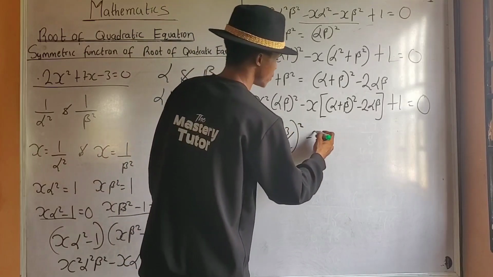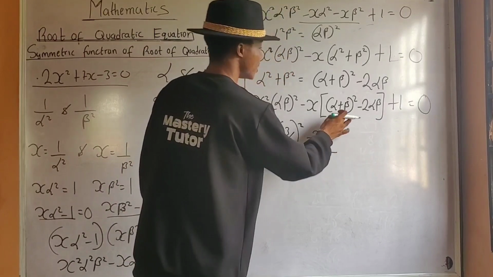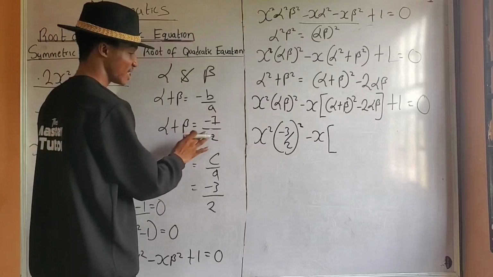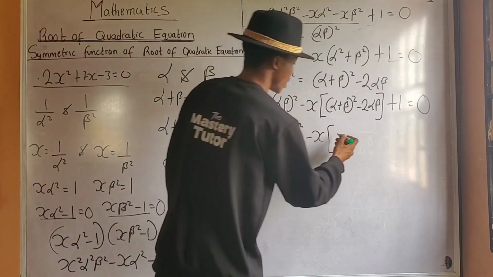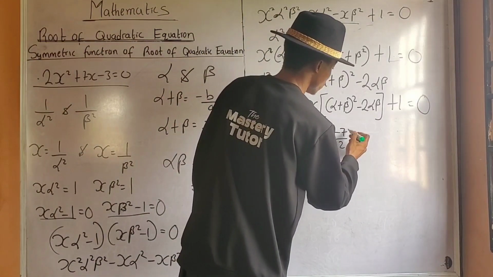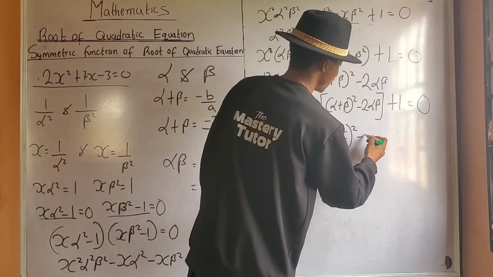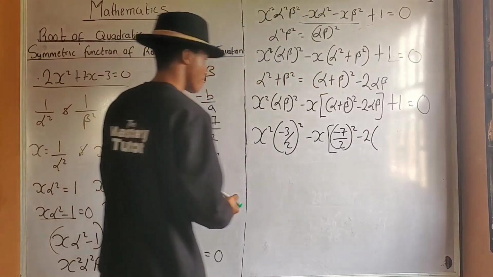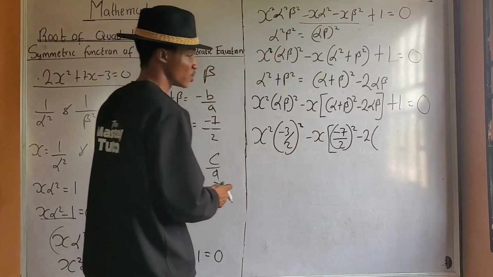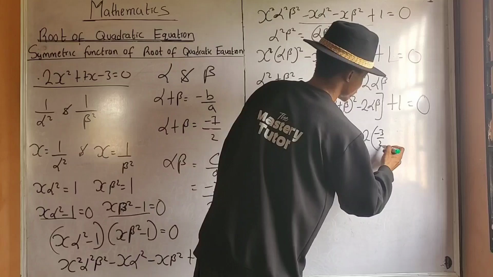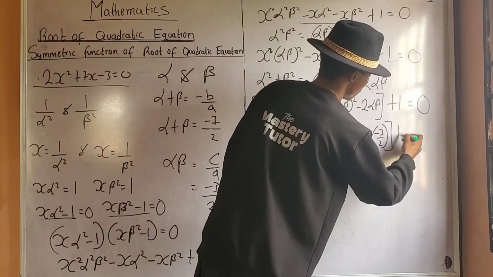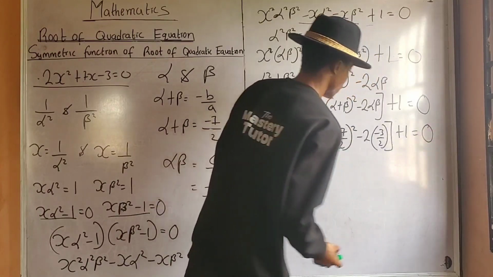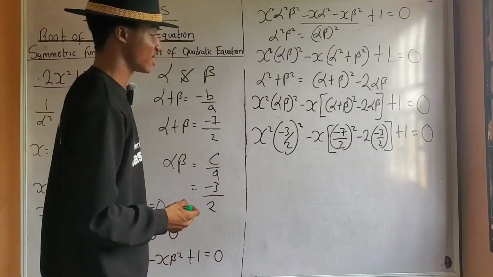So minus x, the big bracket, the sum of root, which is alpha plus beta, that is -7/2. So I'm going to have -7/2 x squared minus 2 alpha beta. Alpha beta is -3/2. So I'm going to have -3/2 plus 1 equals to 0. Do you understand?